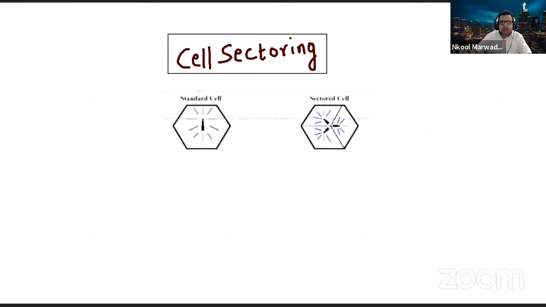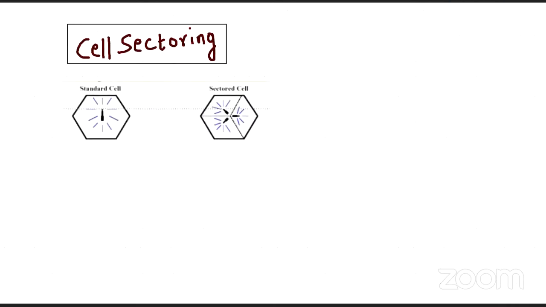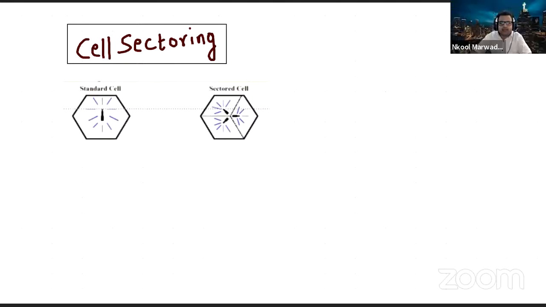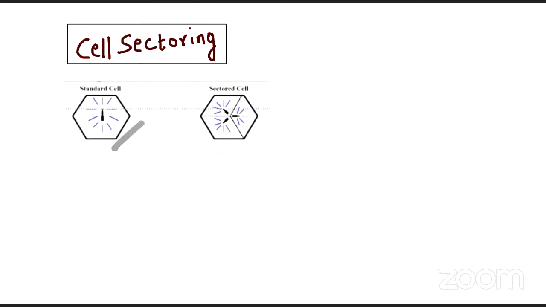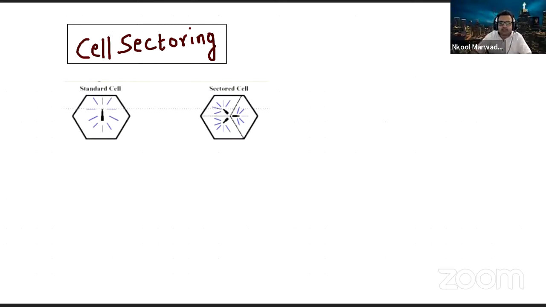As we can see in this picture, this is a standard cell. We are already aware that every standard cell is equipped with one base station, and that base station has a very powerful antenna so that it can cover the entire cell. The coverage area is the entire cell. This antenna is an omnidirectional antenna, which can cover the entire 360-degree region.